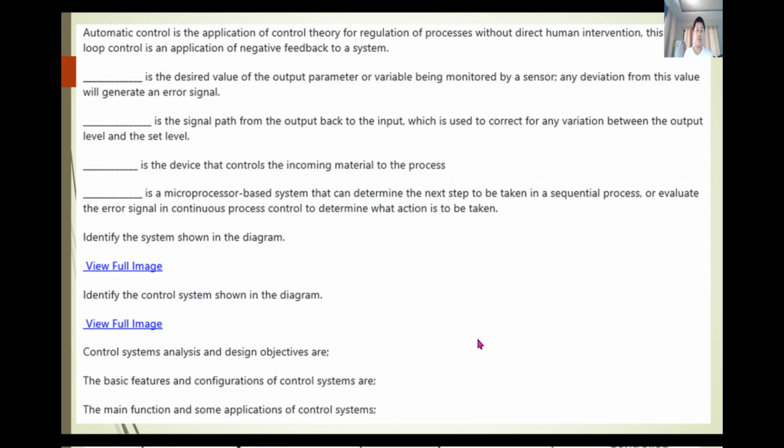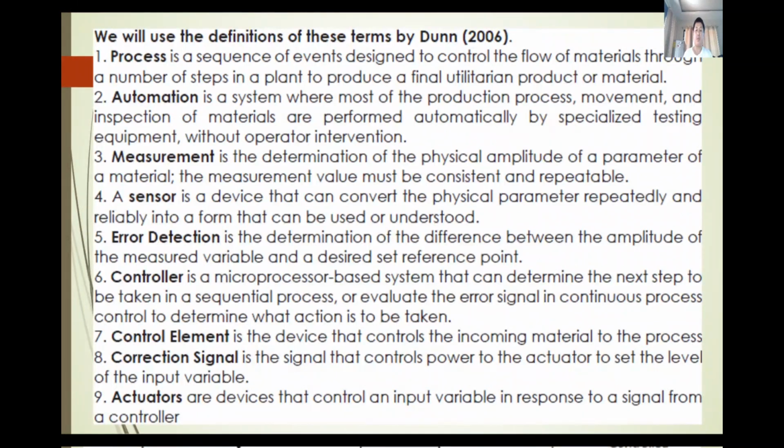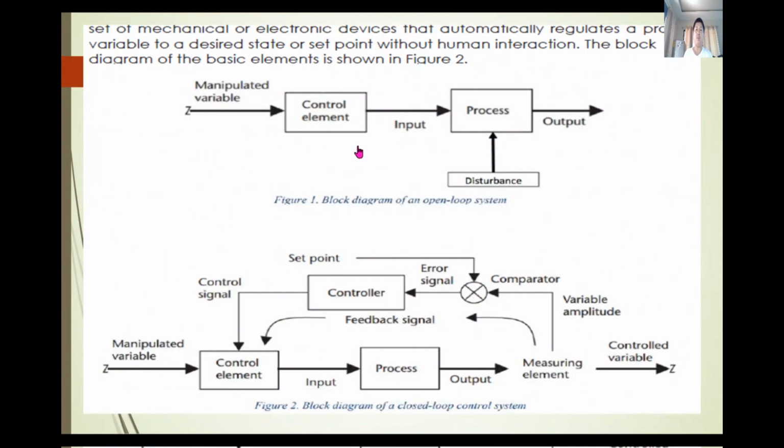Next, the basic features and application of control systems are open loop and closed loop system. The main function of a control system is to manage, command, direct, or regulate the behavior of other devices or systems using control loops. So this is open loop control system and closed loop control system.